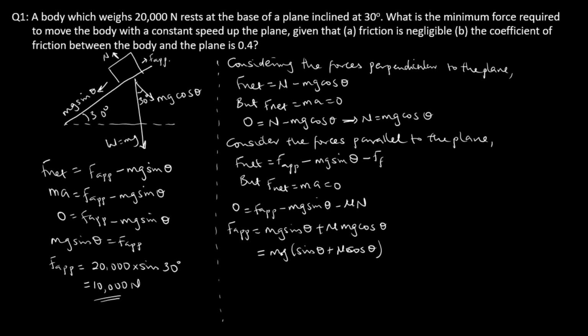Let's fix in our values. Our mg is the weight. We're given that the weight is 20,000, right? So we have 20,000 into sine 30 plus our mu, we're told, is 0.4 times cos 30. If you play with this on your calculator, let's see what that will give to us.